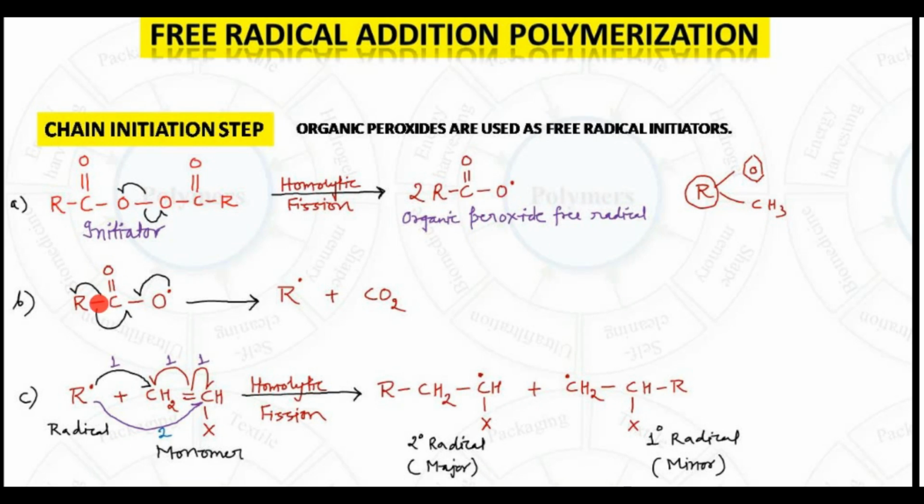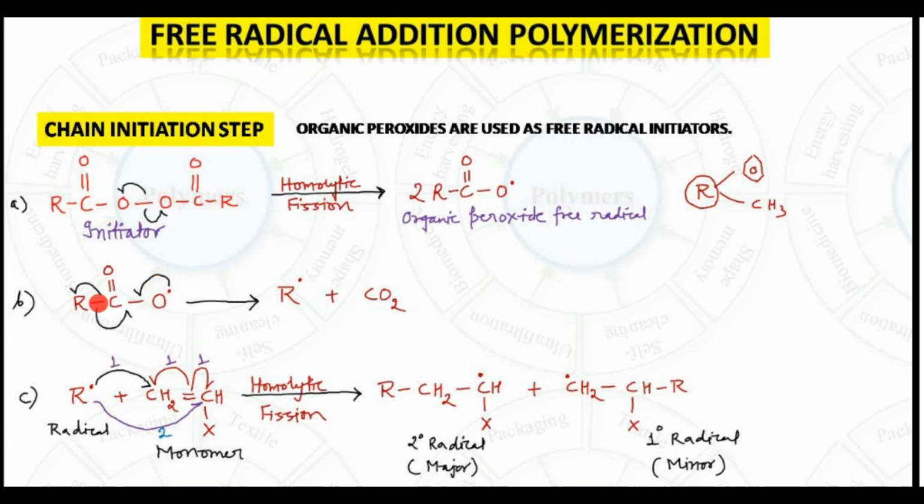Then what happens in that case, you see, this will produce another active species and will remove carbon dioxide from here. So how can we remove the carbon dioxide? The bond between the carbon and this alkyl group, whether it is phenyl or methyl, it will not make any difference, will again undergo homolytic fission. One electron of this pair will go to the position where you have the carbon-oxygen single bond, and one electron will move to the alkyl group, and one electron is already present on this particular oxygen atom.